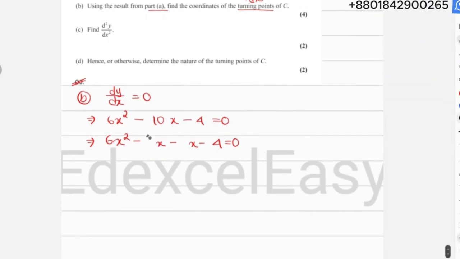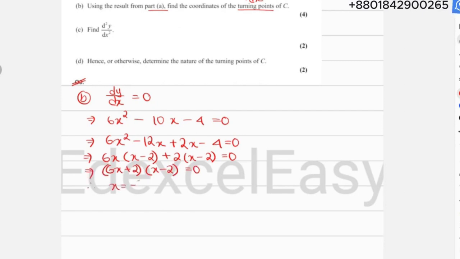So this is going to be 12 and this is going to be positive 2, and now it will give you the perfect answer, which is x minus 2, 0, 6x plus 2 and x minus 2, 0. That means from the first part we're going to get minus 1 by 3, and from the second part we're going to get 2. Okay, so minus 1 by 3 and 2, these are the values for x.